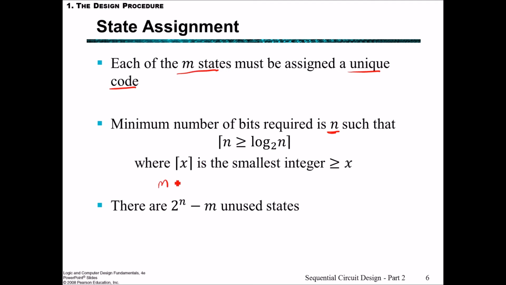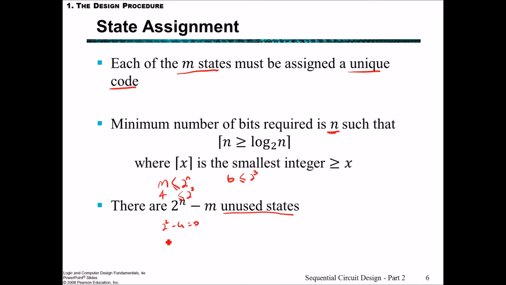Since we need M to be less than or equal to 2 to the N, for example, if we need 4 states, then we need at least 2 bits, so that's less than or equal to 2 to the 2. If we needed M to be 6 states, then we need at least 3 bits, 2 to the 3, and then there will be 2 to the N minus M unused states. In the first case, 2 to the 2 minus 4 gives 0, so there are 0 unused states.